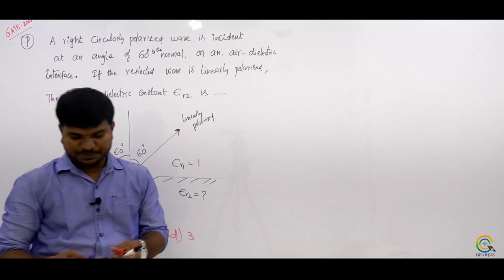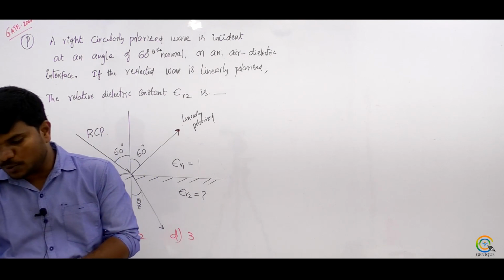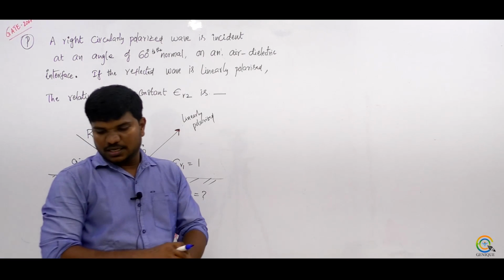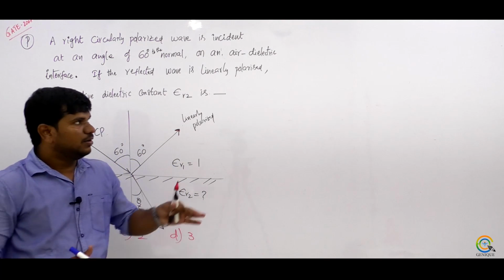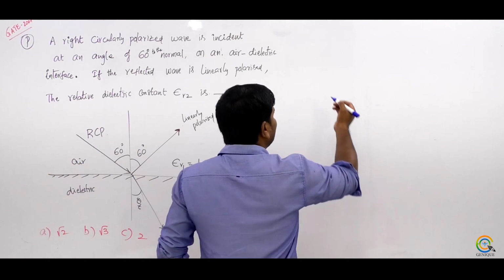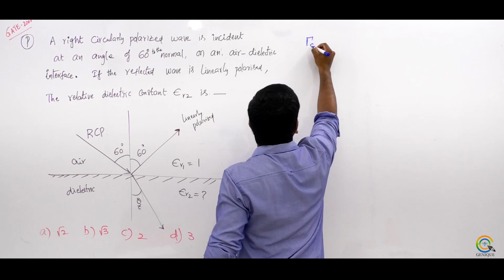Now there are two kinds of polarization: S polarized wave and P polarized wave. For that I am defining the reflection coefficients.